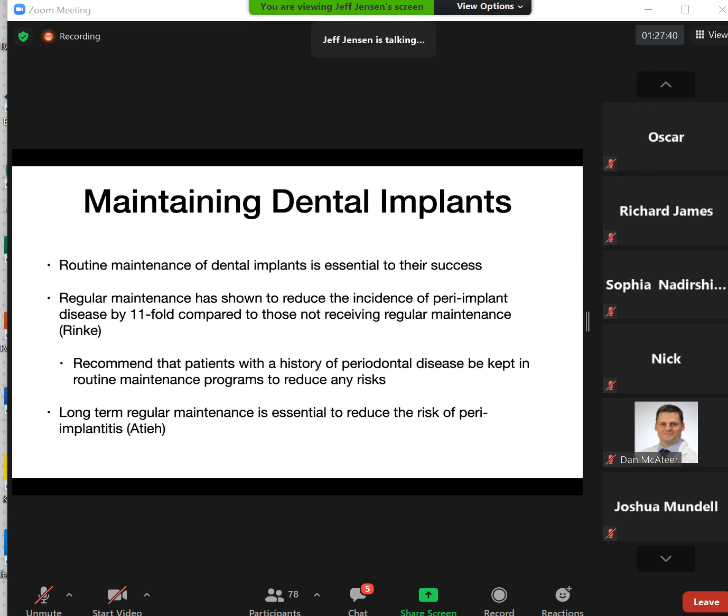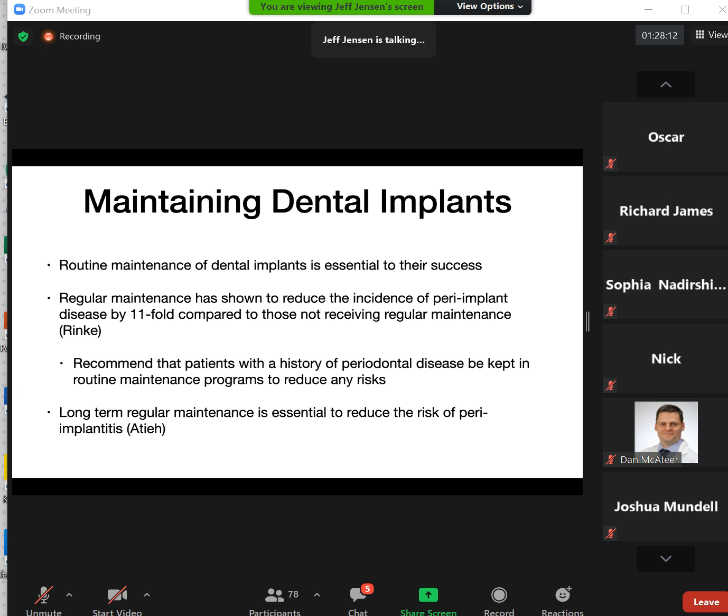So maintaining an implant, routine maintenance is going to be important. Patients still need to come and see you for prophies and things to clean the area and the implant. If a patient is regularly seeing you and coming back for their cleanings, they have about an 11-fold decrease in the chance of having peri-implant problems. So if they're getting their regular maintenance and taking care of it, then in most cases they're going to be just fine.